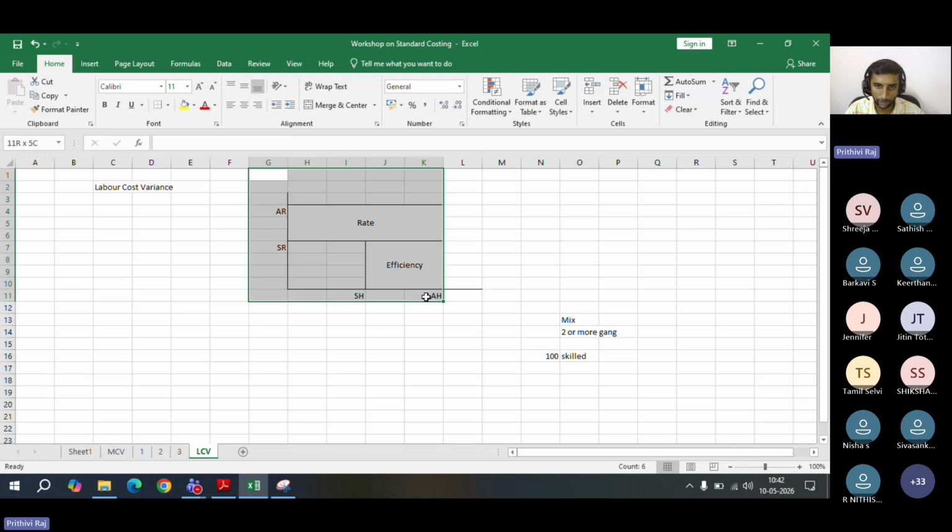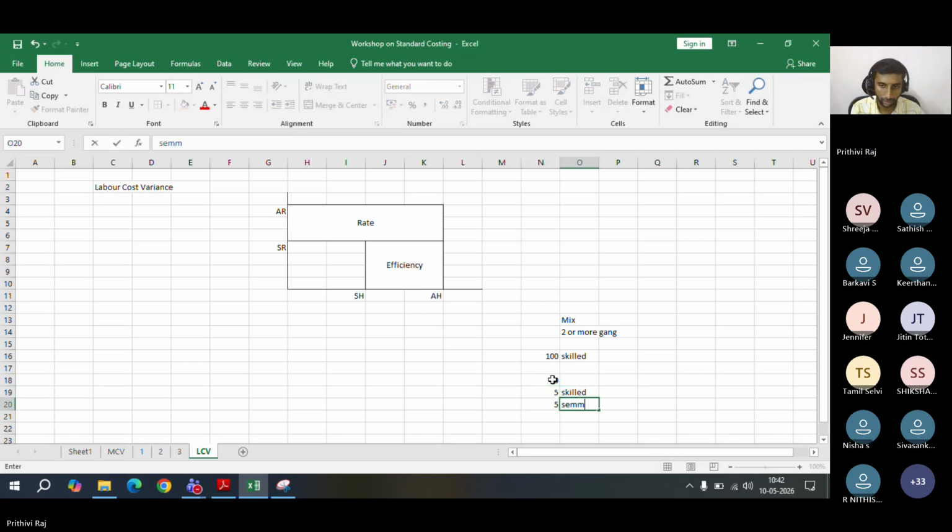This is how the graph looks. But suppose there are only 10 labors, out of which 5 are skilled and 5 are semi-skilled. So there are two gangs. Since there are two gangs, now you will have a mix variance. Able to understand?